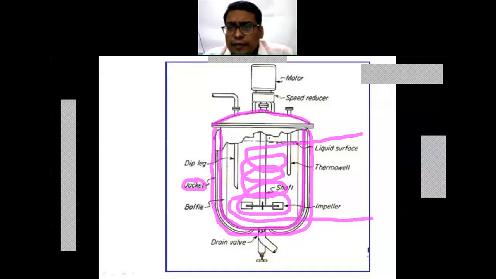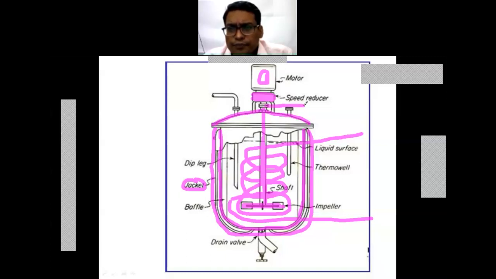Then there can be an agitator, with the agitator shaft provided at the center, and the impellers connected to this agitator shaft. This agitator shaft is connected to a motor, then a speed reduction box or gear box will be provided, and then the coupling.